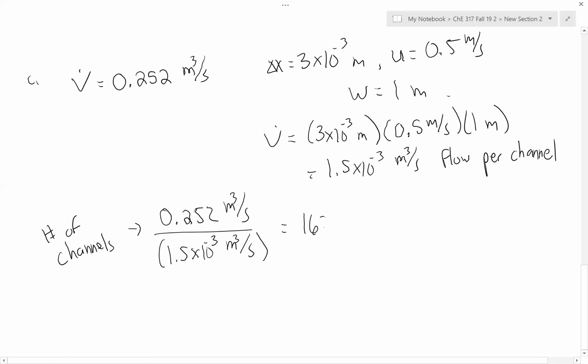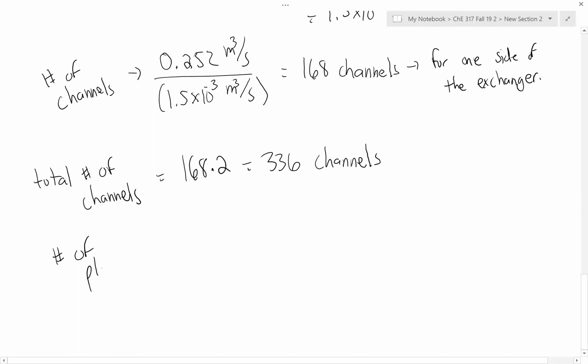And so we need to find the number of plates. It's simply the number of channels plus 1. So we need approximately 337 plates in this plate and frame exchanger.